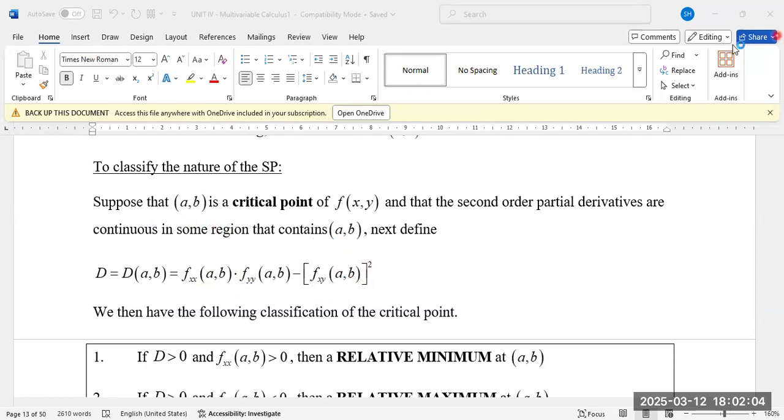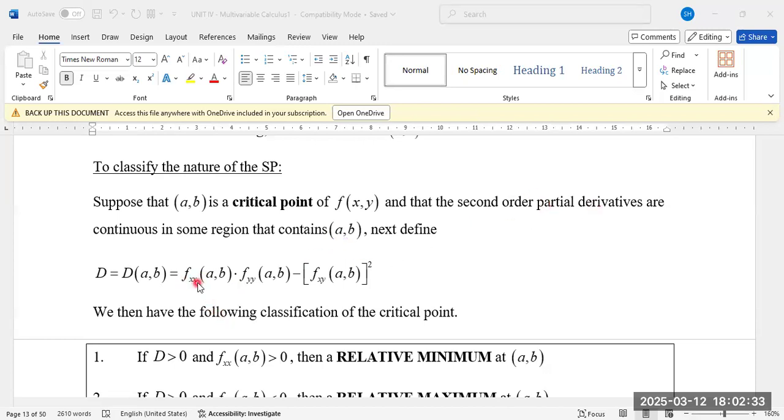It says, suppose that AB is a critical point of f of xy. So it means that f of xy is your function and AB is a critical point. As you're seeing in this case, you can have several critical points. And that the second order partial derivatives are continuous in some region that contains AB. Why the second order partial derivative?